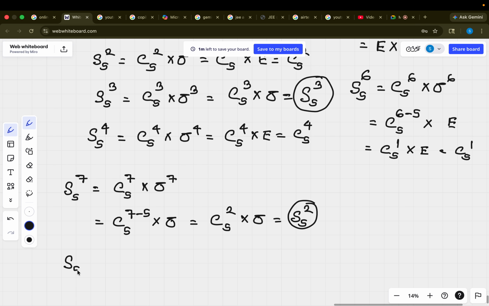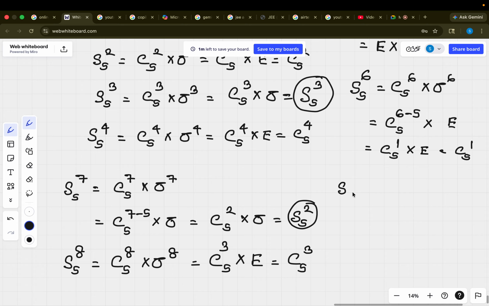Now suppose you have S5 8. That will be equal to C5 8 into sigma to the power 8. Writing directly 8 minus 5, that means 3, and sigma to the power even means identical. So basically you are getting C5 3.